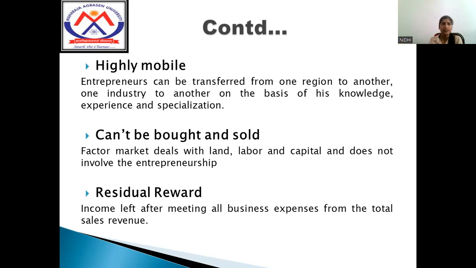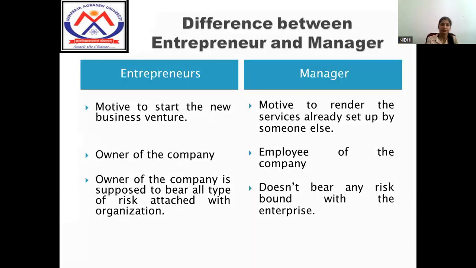Sales revenue is generated after making the product and selling it in the market, and the entrepreneur is the person who has to bear all the business expenses from that revenue. Whatever amount is left after meeting all such expenses would be the income of the entrepreneur.